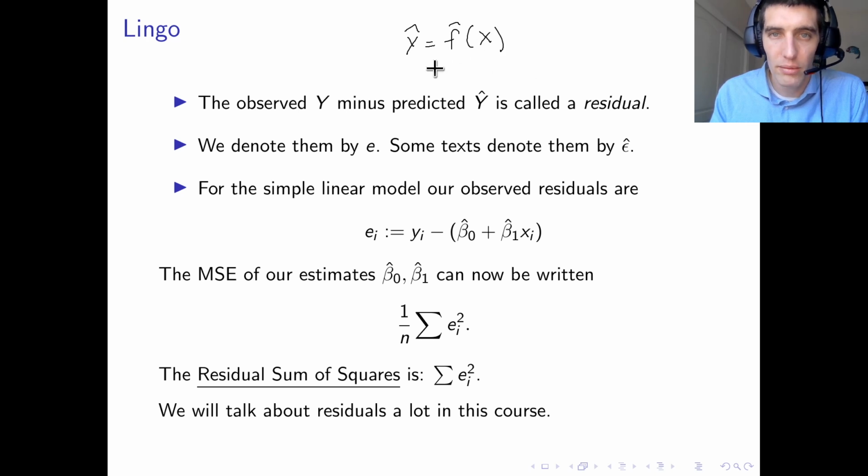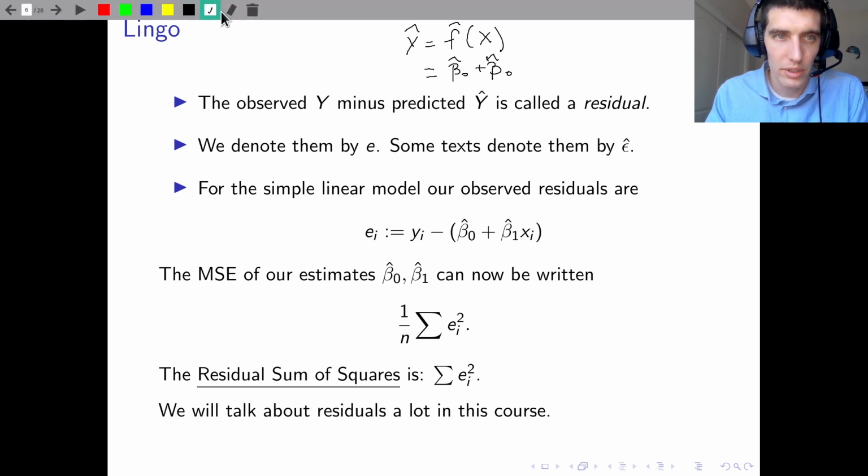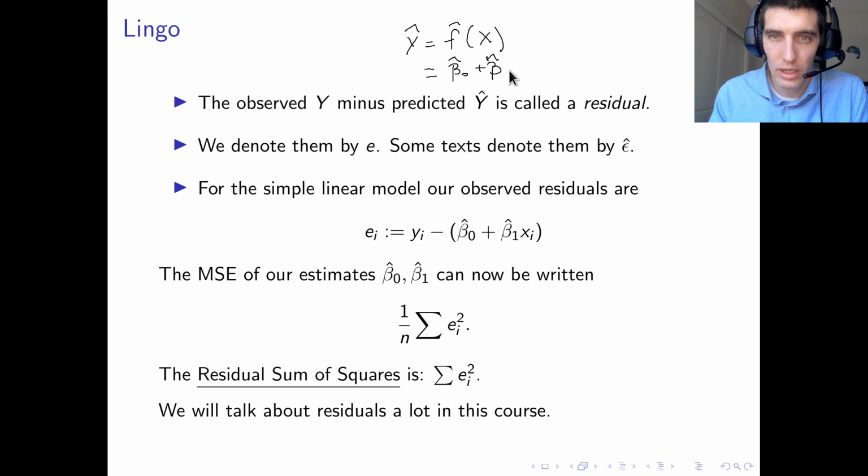Because our function f hat is simple linear regression, we can write y hat as our estimated beta 0 plus our estimated beta 1 times x. The form of f hat is, as we discussed, that we estimate this intercept term and this slope term.